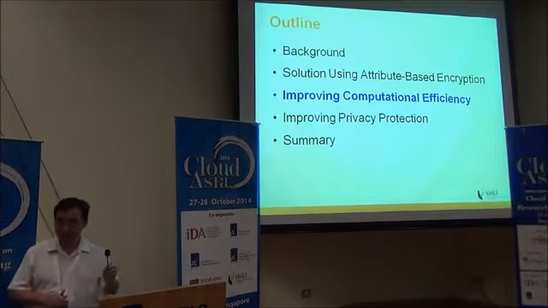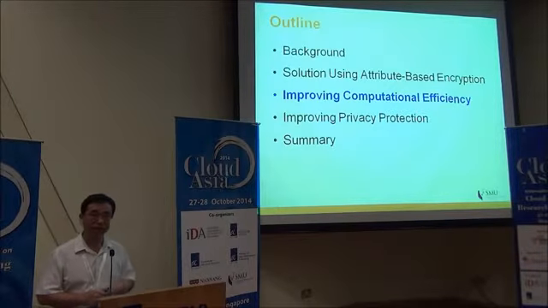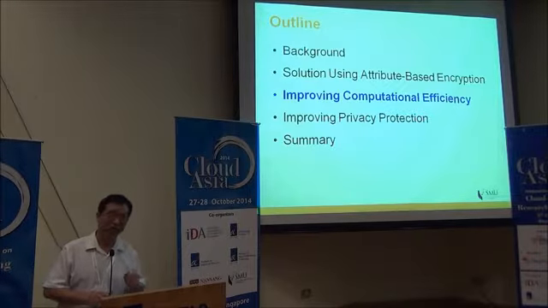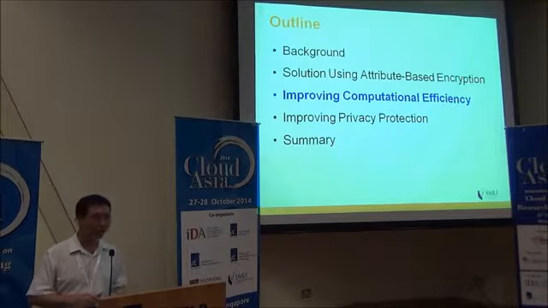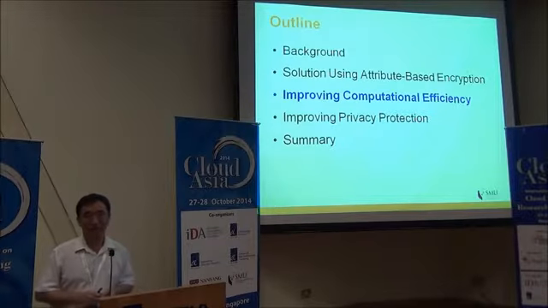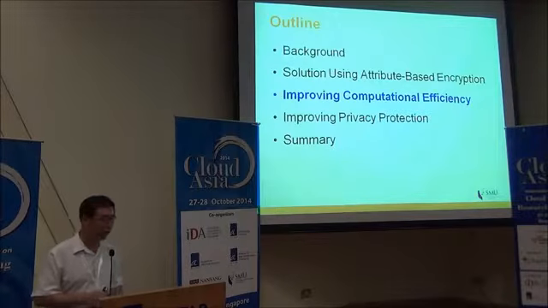Now, the next question is, a lot of cryptographic techniques are very computationally intensive. They need a lot of computation, especially public key-based solutions. This is a kind of public key solution. So in our research, we try to improve the efficiency to make it practical.